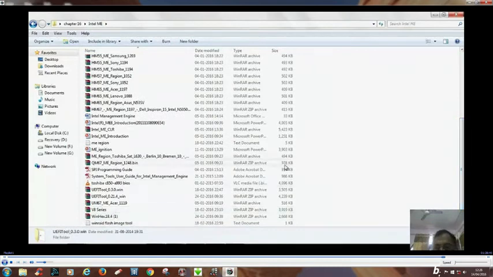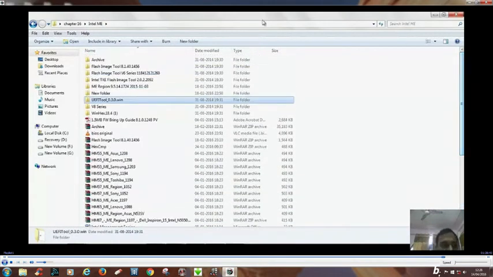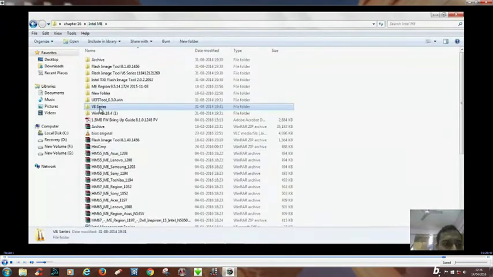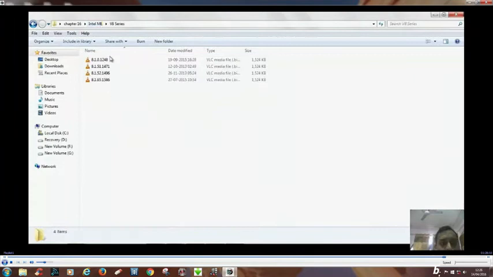You see V8 series, I have the V8 series. You can get these backups from me, no problem. Right now I don't have version 8.0, and 8.1 is the same, but you should always look for the exact version. But here right now I have version 8.1.